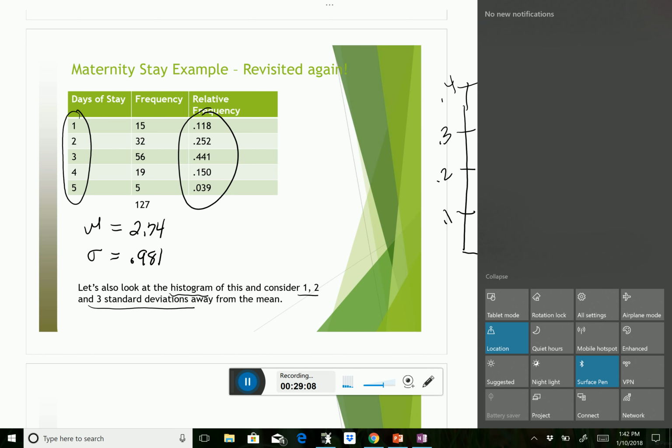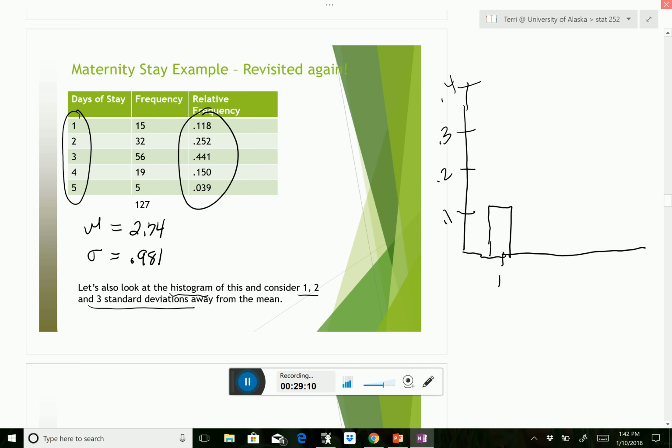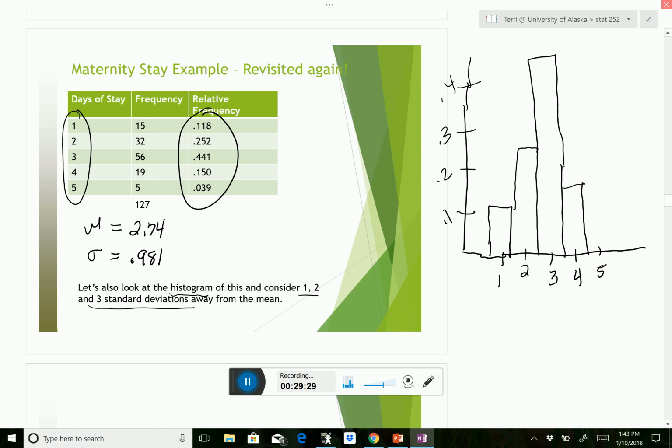Okay, 1, 2, 0.252, so about halfway there. And then 3 was 0.441. Go a little higher. Okay, and then 4 is 0.15, which is right here. And 5 is 0.039, so about a third of the way up the first one.